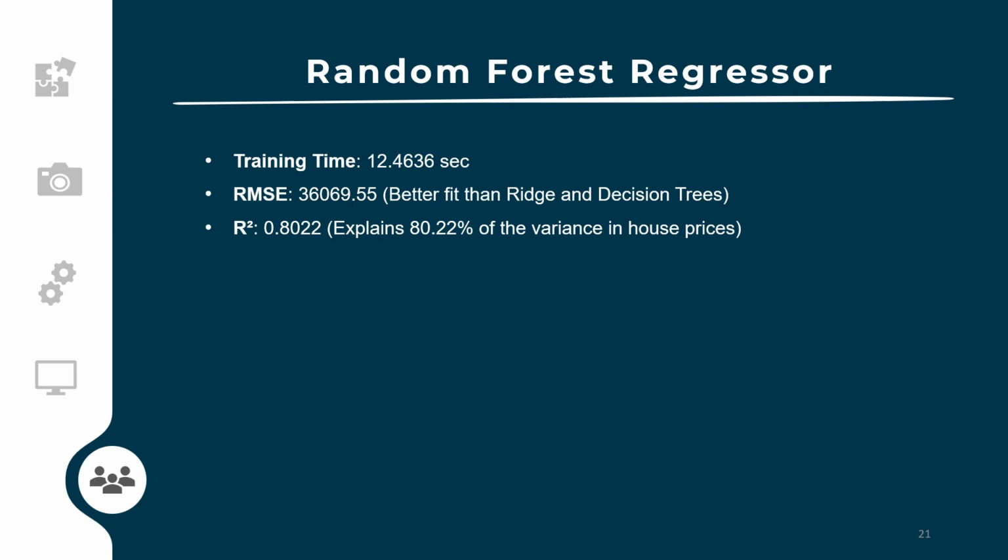Coming to the training time of this model, as I've already mentioned regarding the computational cost, it has taken 12.4636 seconds, showing the computational time required to train the model is high.